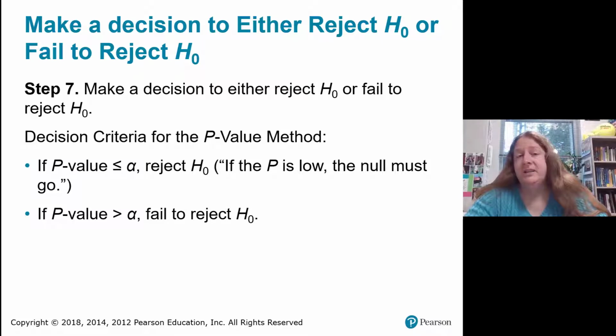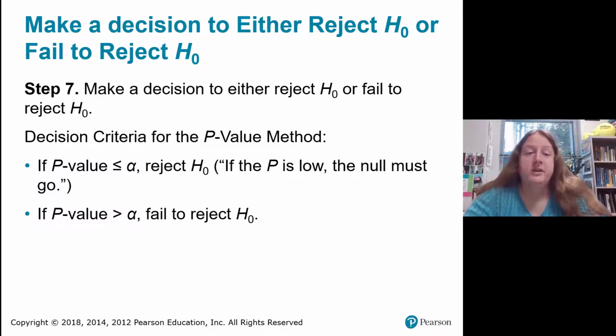Then we're going to make a decision whether we reject our null hypothesis or we fail to reject our null hypothesis. This is important: we never actually accept our null hypothesis, we just fail to reject it. That's the best we can do in that form. Rejecting the null hypothesis feels like a more direct decision, and it kind of is, than this fail to reject option.